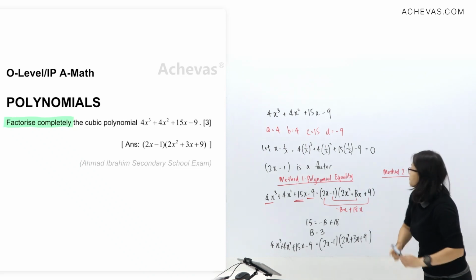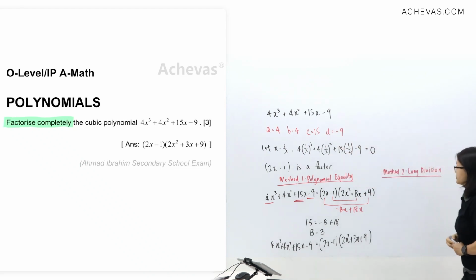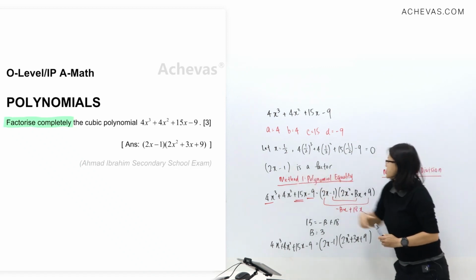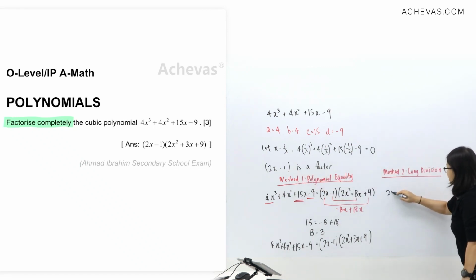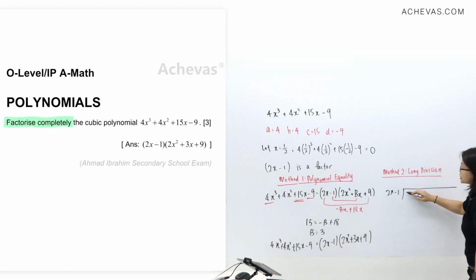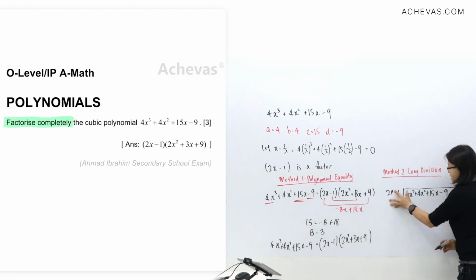You're going to write down this cubic polynomial divided by this linear factor, 2x - 1. You use the cubic, which is 4x^3 + 4x^2 + 15x - 9. Let's do a long division.